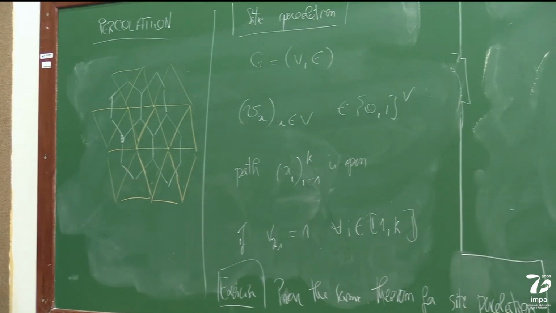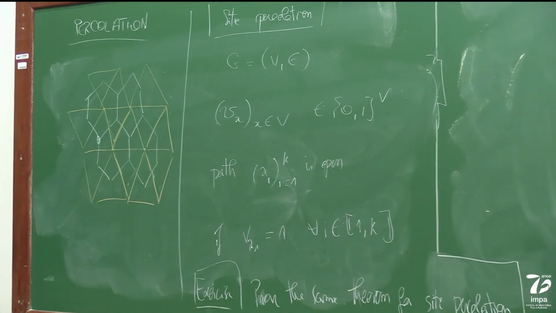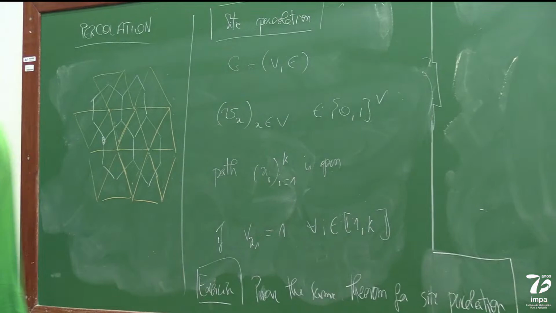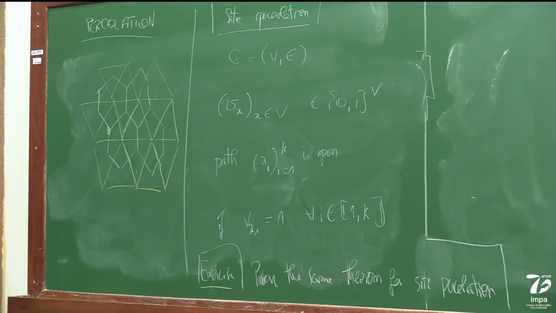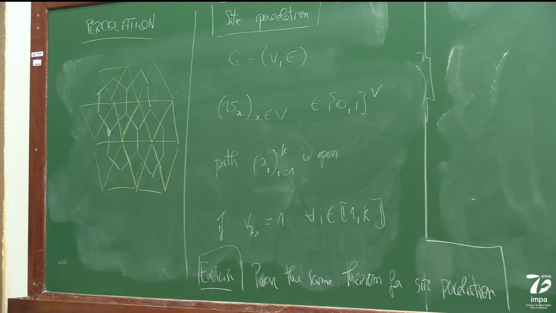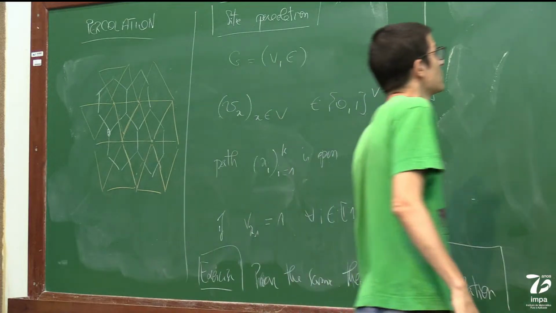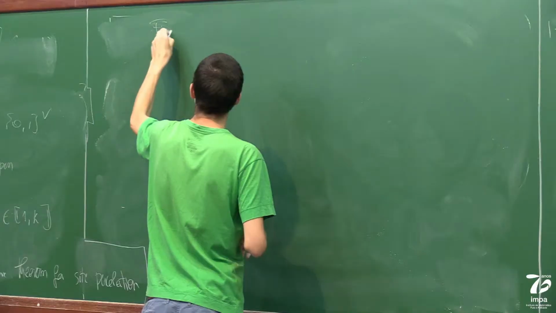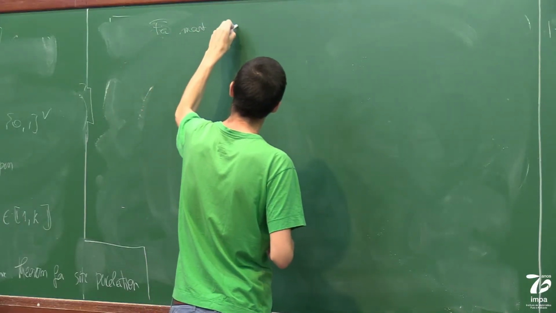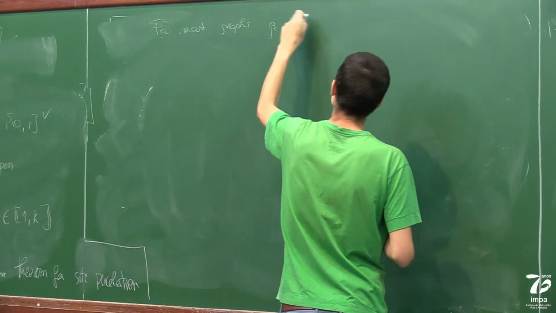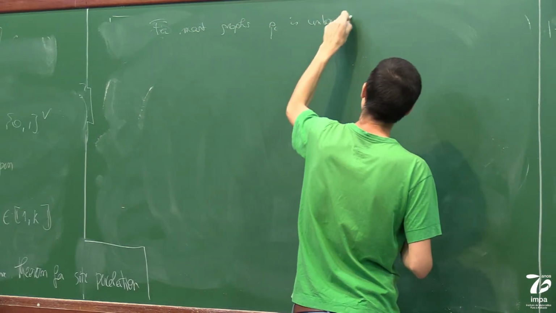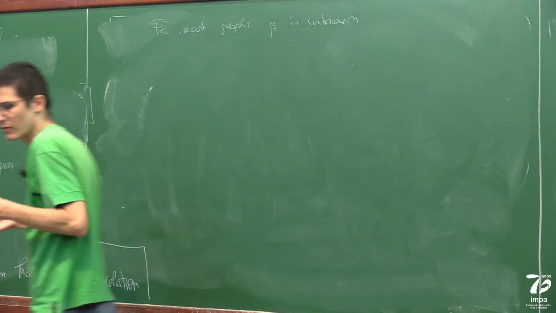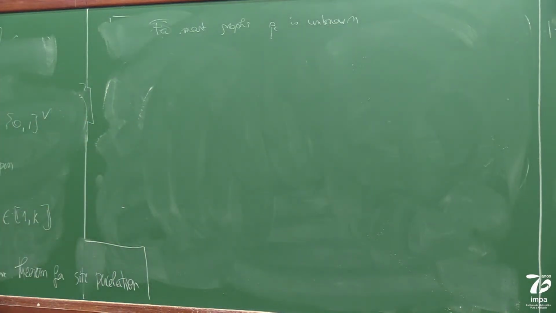Now the next question that comes is what can we say about the function theta p? What can we say about pc in particular? It turns out that for most graphs, pc is unknown, and there is not so much of a reason to think that pc will take a particular value.